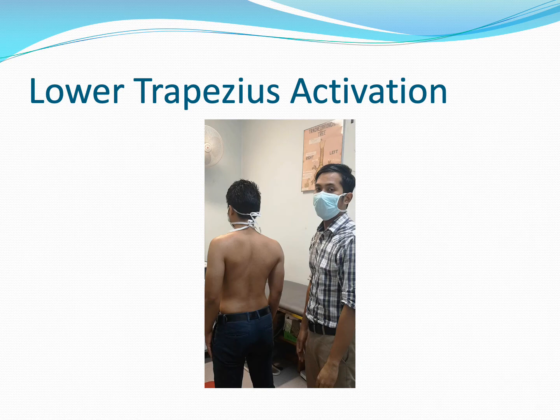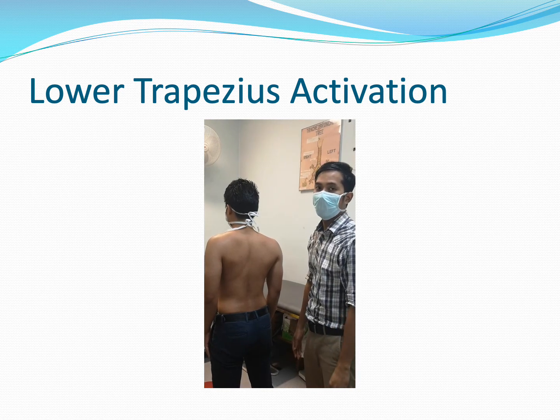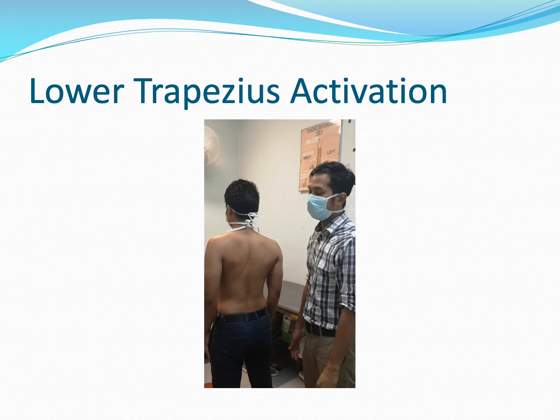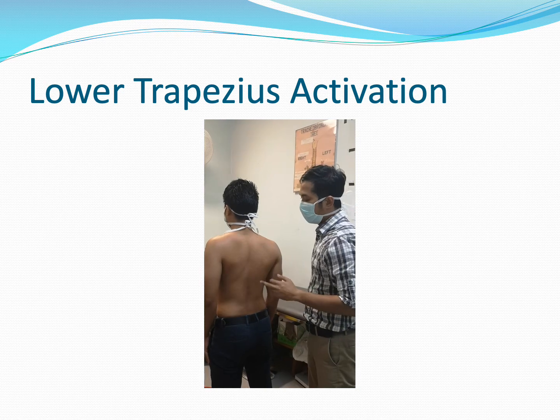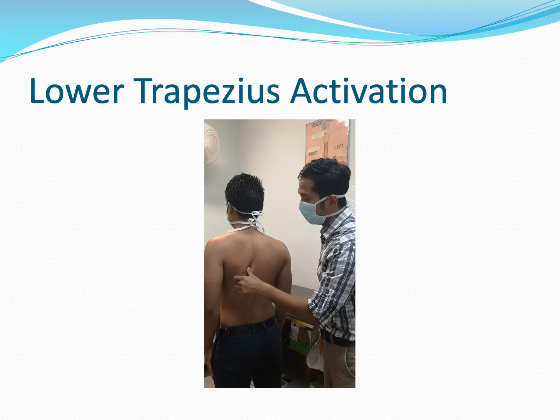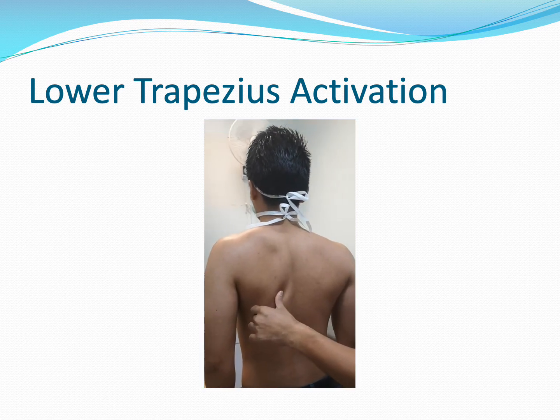This is an exercise which I teach for lower trapezius activation. Patient having lower trapezius weakness, so I would like to teach this patient lower trapezius activation exercise. So to do this, place your hand over the inferior angle, then ask patient to do scapular posterior tilt movement.